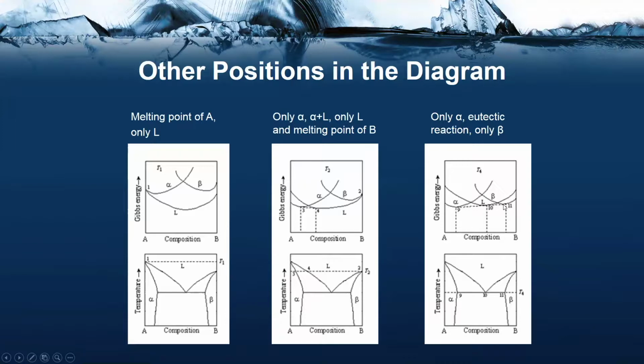So beta is in equilibrium with liquid, which is in equilibrium with alpha. And the composition of the phases at equilibrium can be read as 9 and 10 and 11. And this is also illustrated in this phase diagram.